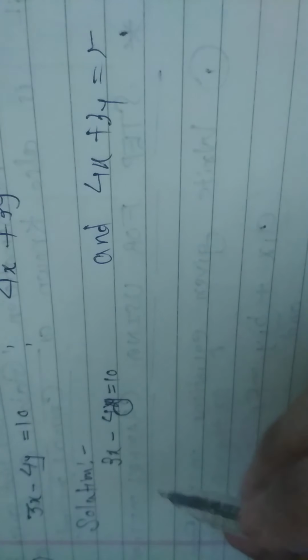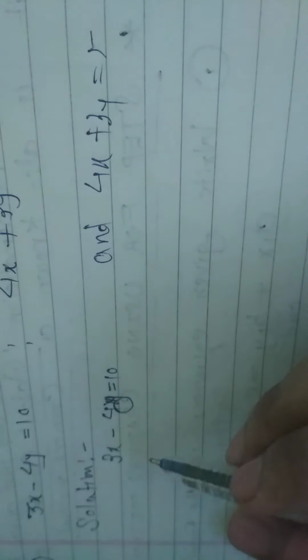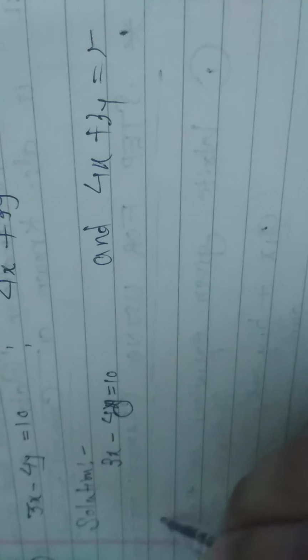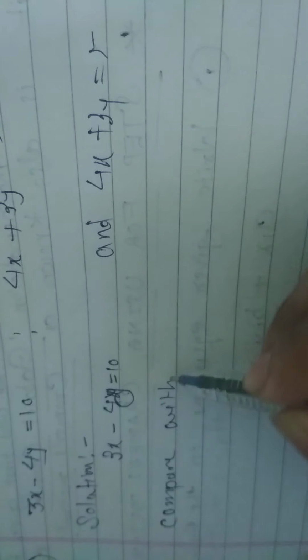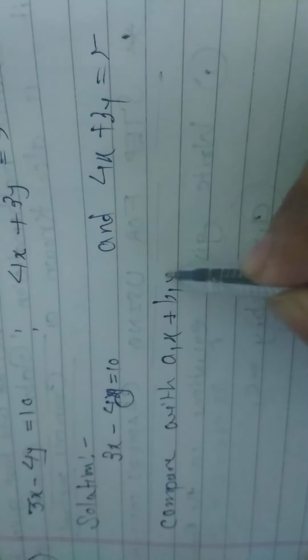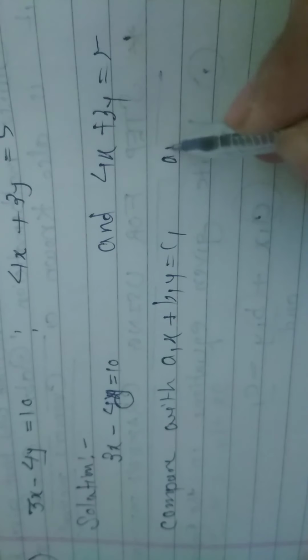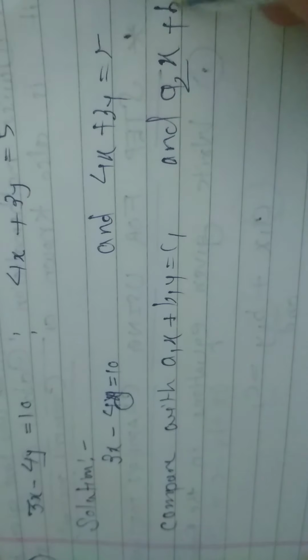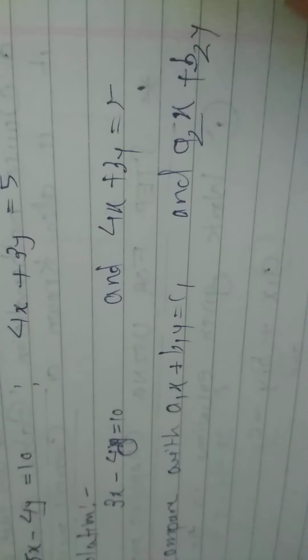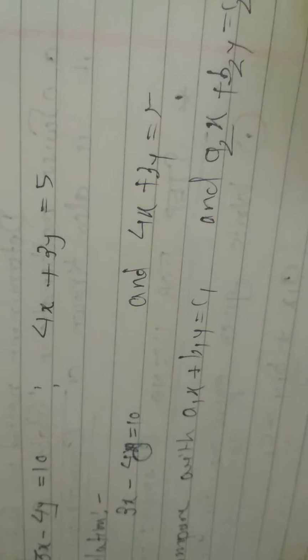Now for these two equations, first we compare them with the standard form: a1x plus b1y is equal to c1 and a2x plus b2y is equal to c2.